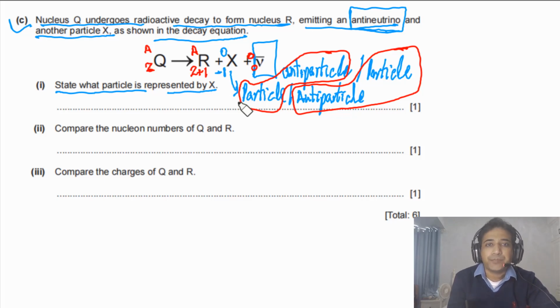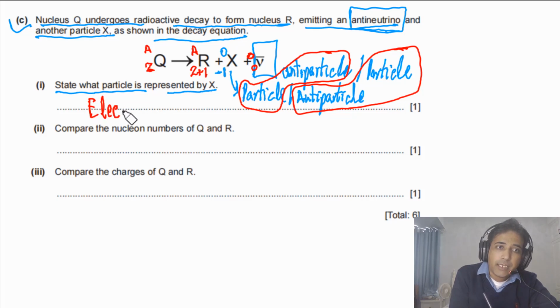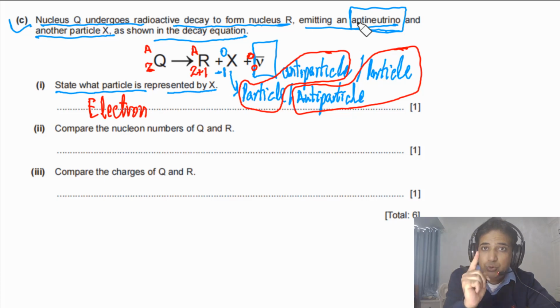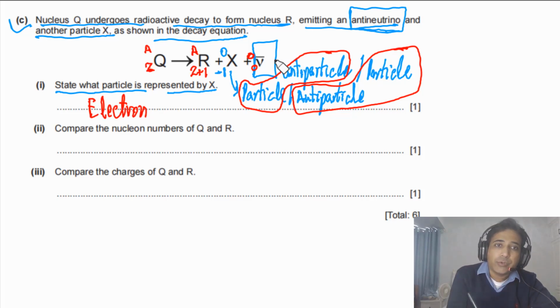So this is 0. Now the question is asking us to say what particle is represented by X. So simply we can say this is an electron, because in this case an electron antineutrino is emitted, so this has to be a particle because this is an antiparticle. So simply you can write down electron.